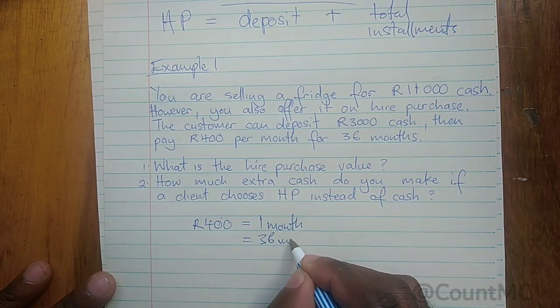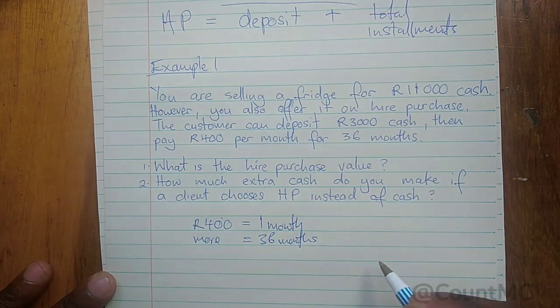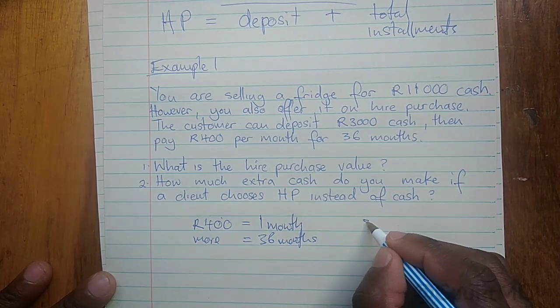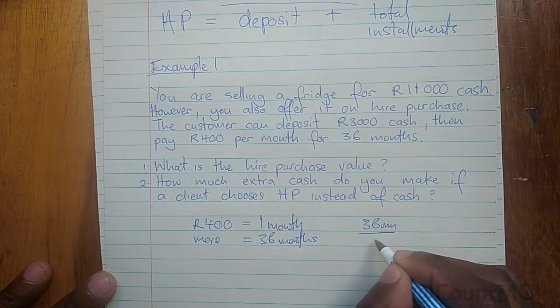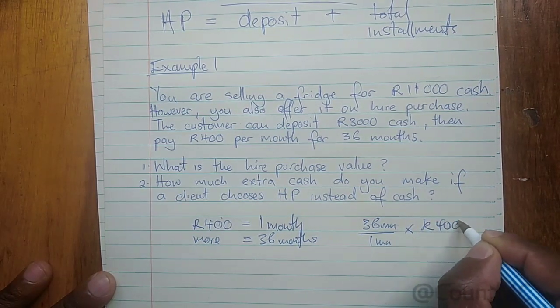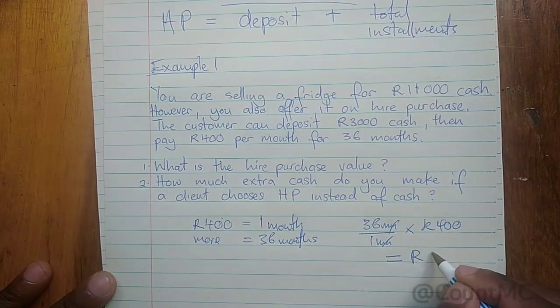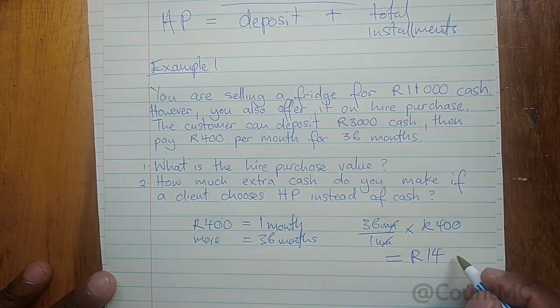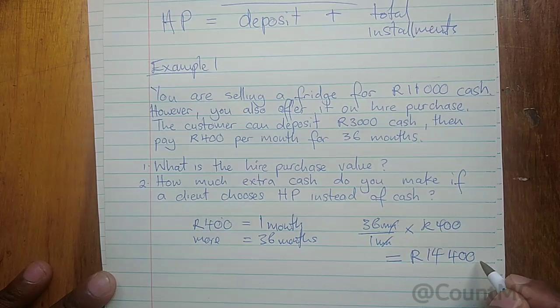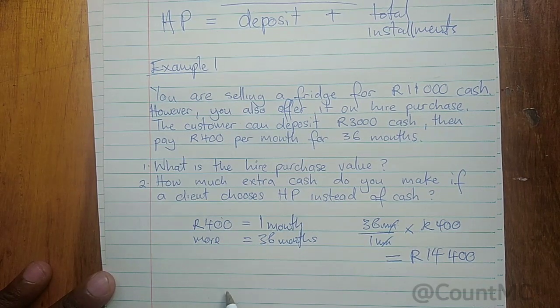So 36 months is equal to more. We expect this money to be more. So we say 36 months over 1 month times 400 rand. We get 14,400 rands. So these are the installments which we were calculating.